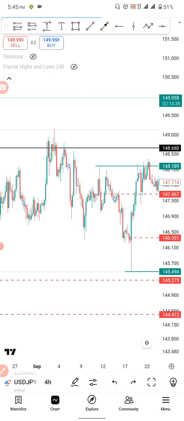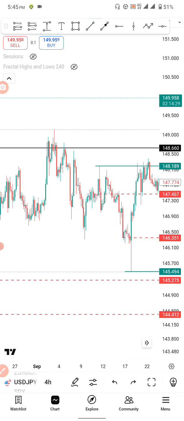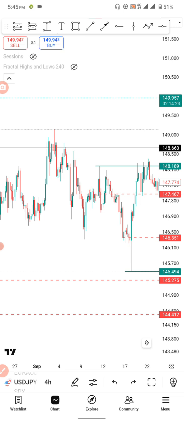So now we have to wait for the market to retrace to one of these levels. It has to tap on one of these levels and shift in a specific time frame. That is the time frame coordination, or the advanced time frame coordination.